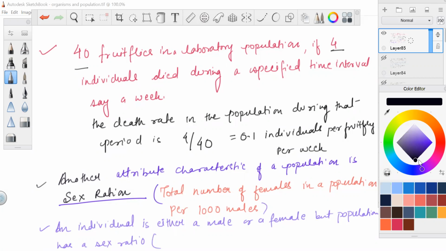At the individual level, we can be a male or a female, but a population will show a sex ratio. Write it down. Example, just random, any number you can use, 60% of the population is female and 40% of the population is male. This is telling the sex ratio.